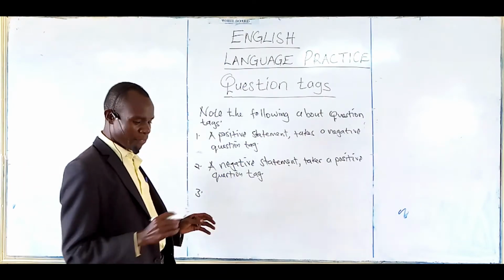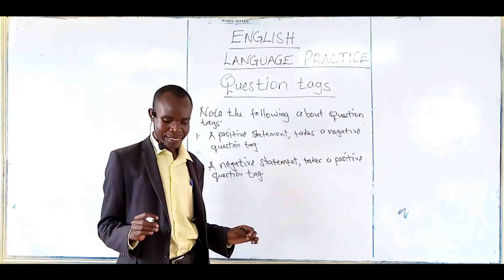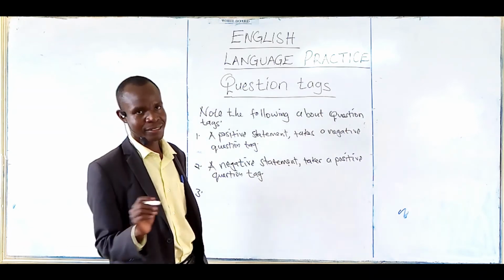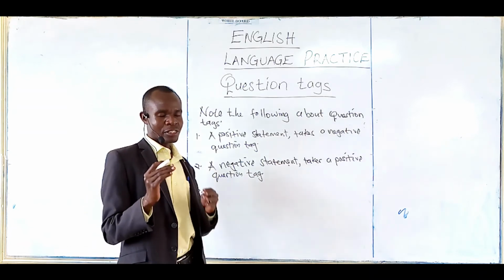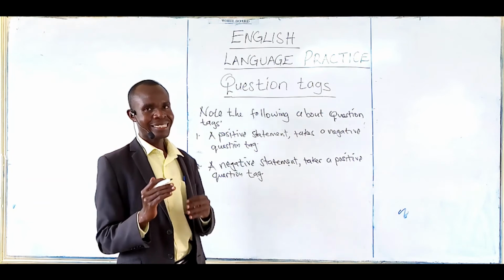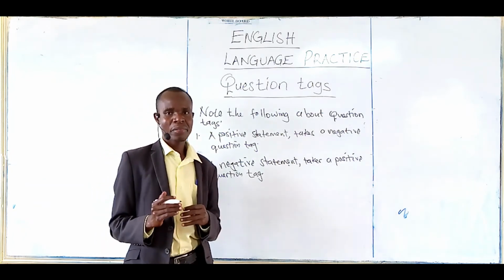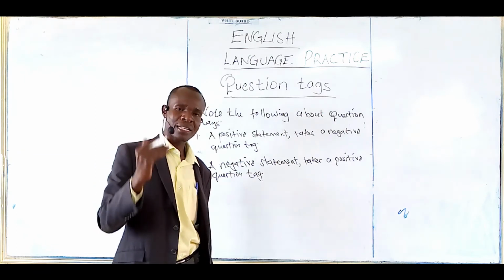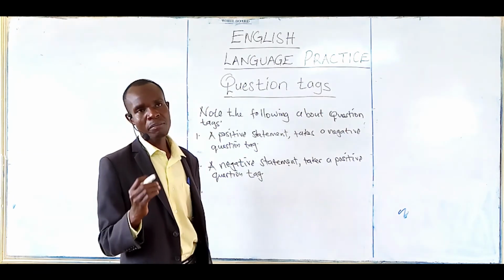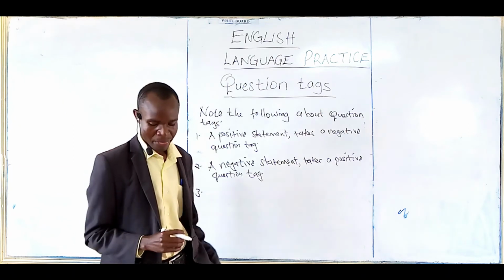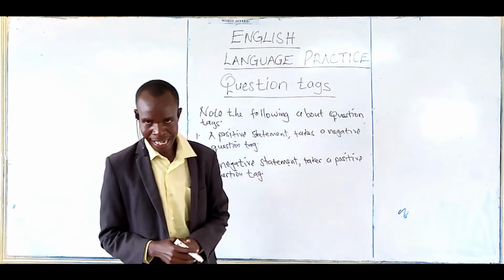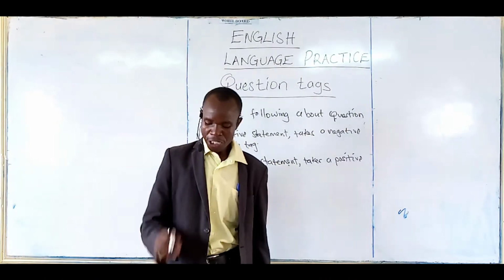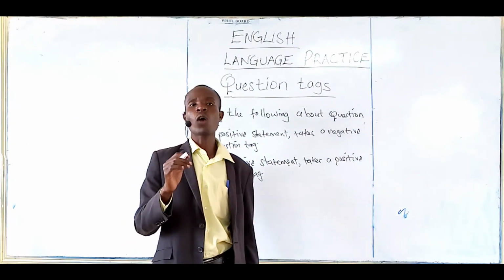In the first statement, "you have danced well", the verb there is "dance". So I want us to see the difference between "dance" and "sings". Learners, if the sentence is in the simple present tense and the verb has an s at the end, then we introduce "does" in our question tag. So, she often sings in the choir.